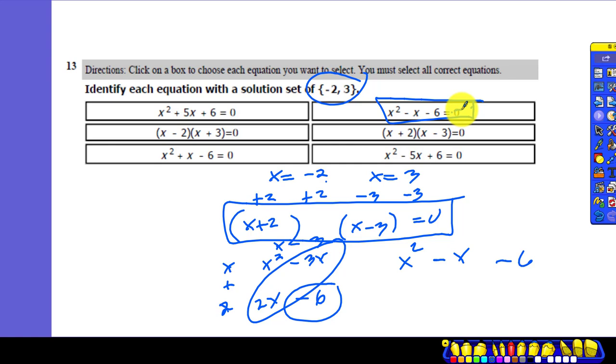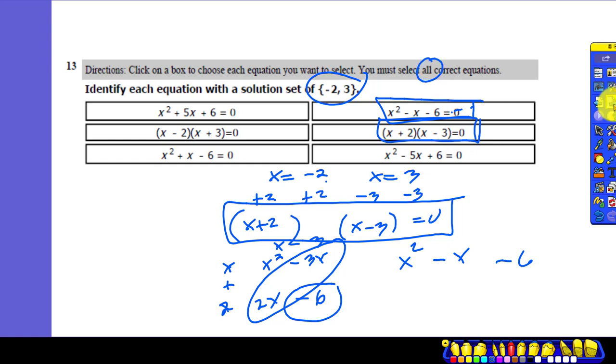So maybe that's why some of you chose this. It's a multiple response for 13. So this will also be part of the answer. We should have 2, and maybe that's why some of you mess up because you only chose 1. It says here you must select all. So that's how we solve number 13.